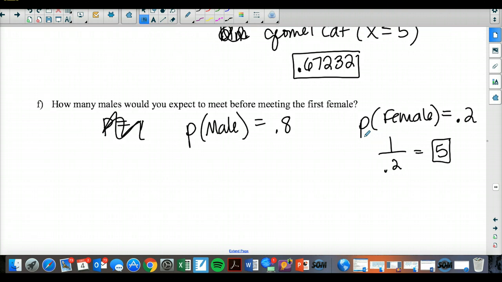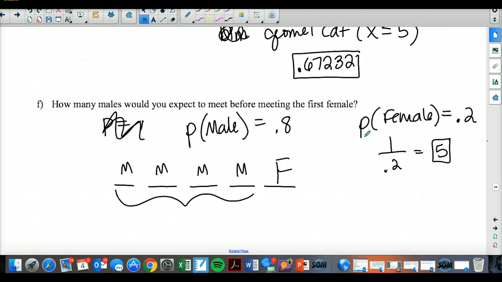So how many trials would you expect to see a male before you finally see a female? 4. Because if it takes 5 trials and you see a female on the 5th trial, then what are you seeing on all these trials before you see a female? You're seeing males.